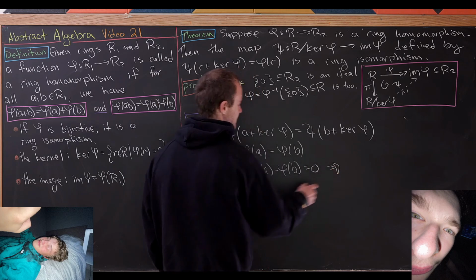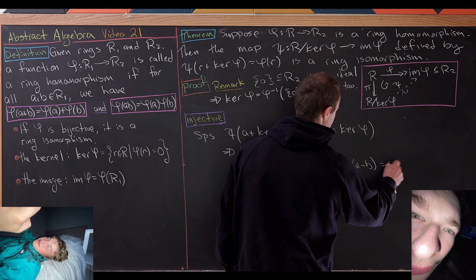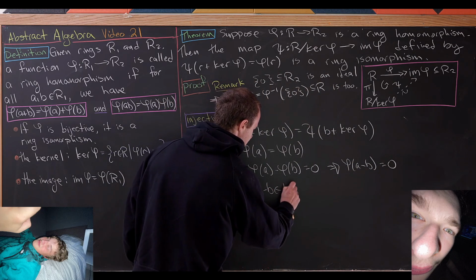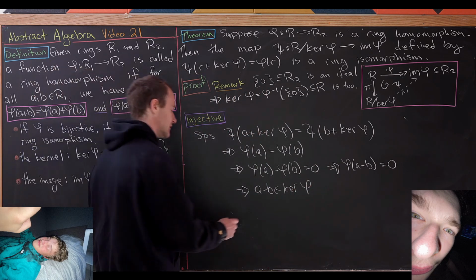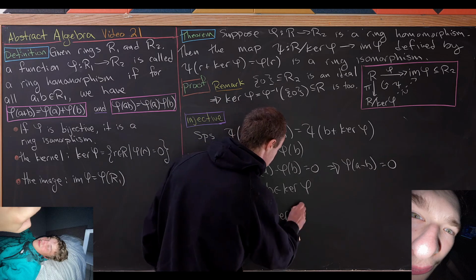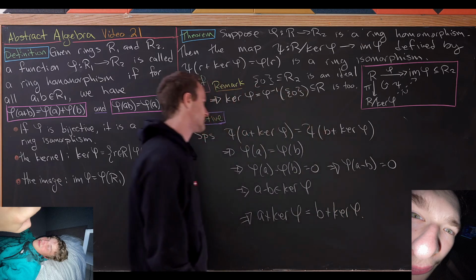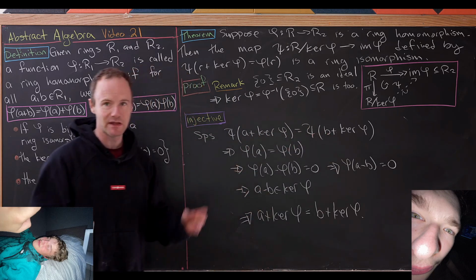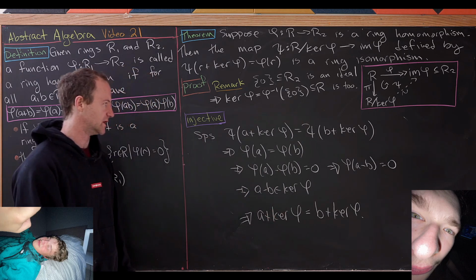Oh, but then since we have a ring homomorphism here, that means that phi of A minus B equals 0. But that's exactly what it takes for A minus B to be in the kernel of phi. But if A minus B is in the kernel of phi, by coset equality, that means that A plus the kernel of phi is equal to B plus the kernel of phi. So we started with psi evaluated at two seemingly different inputs being equal, meaning that the inputs were equal.